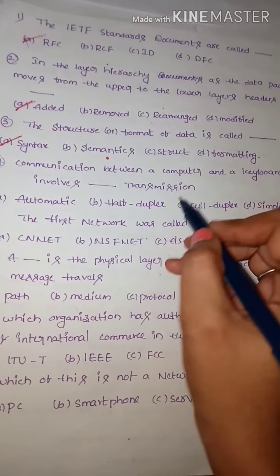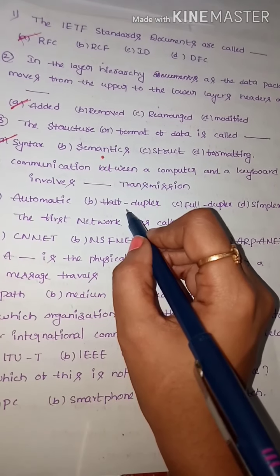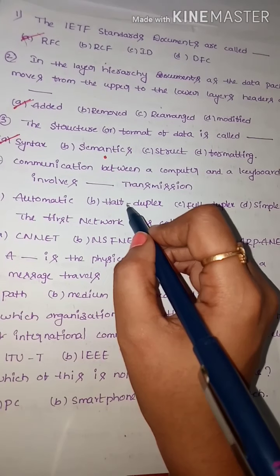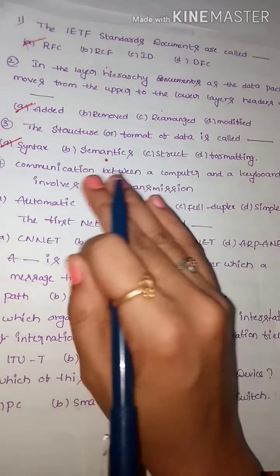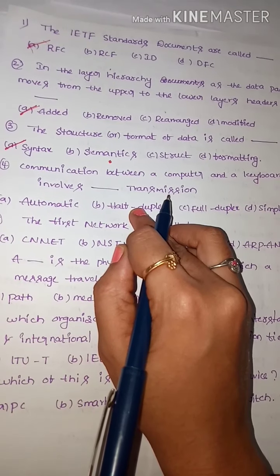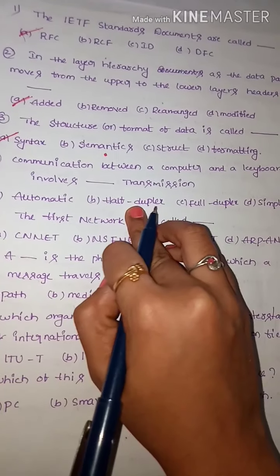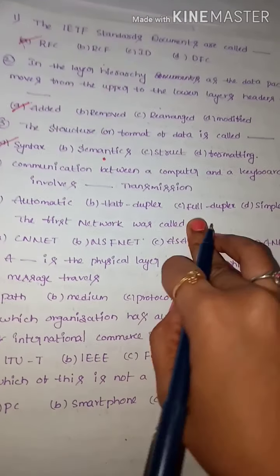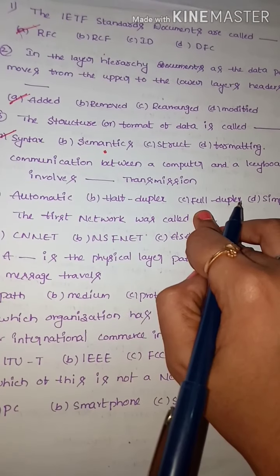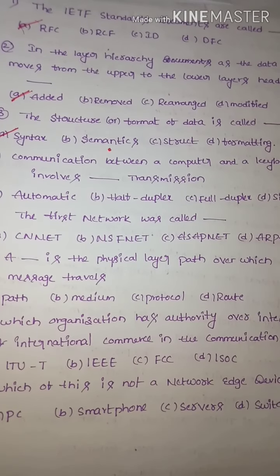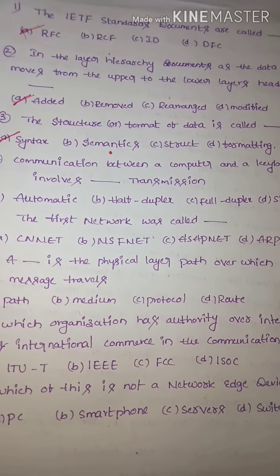Here, half duplex, the data is sent in both directions but one at a time. So this is the wrong answer. Full duplex, both devices can transmit signals at the same time.